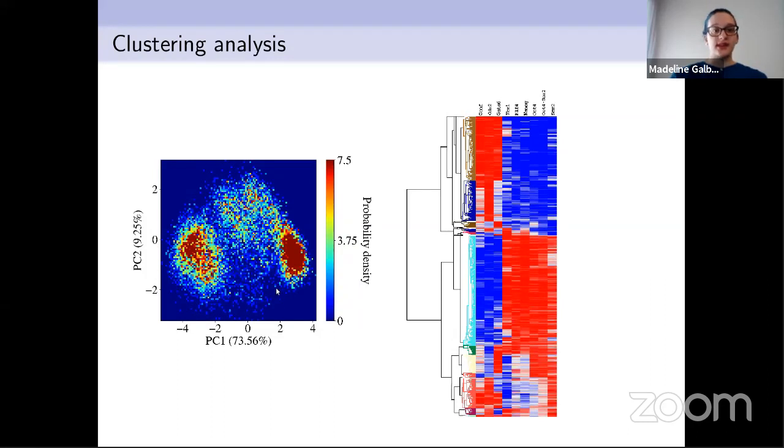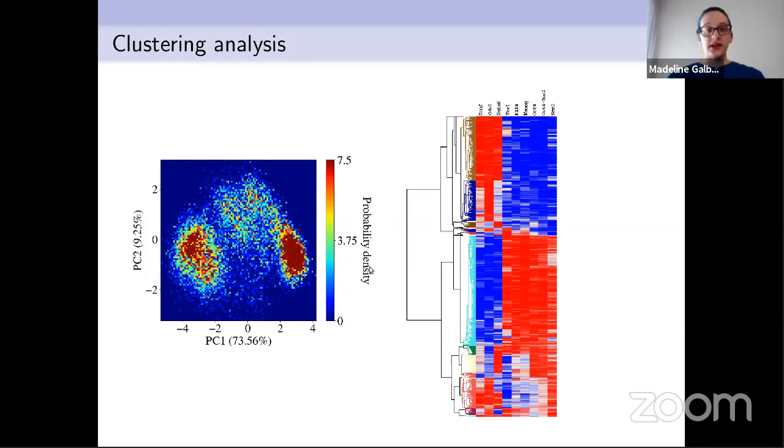And so this tells us that we have two somewhat distinct clusters in which the gene states live. And so on the right, you have the hierarchical clustering analysis, in which you cluster all of the steady state solutions based on their approximate gene state. And so you have around 15 gene states.